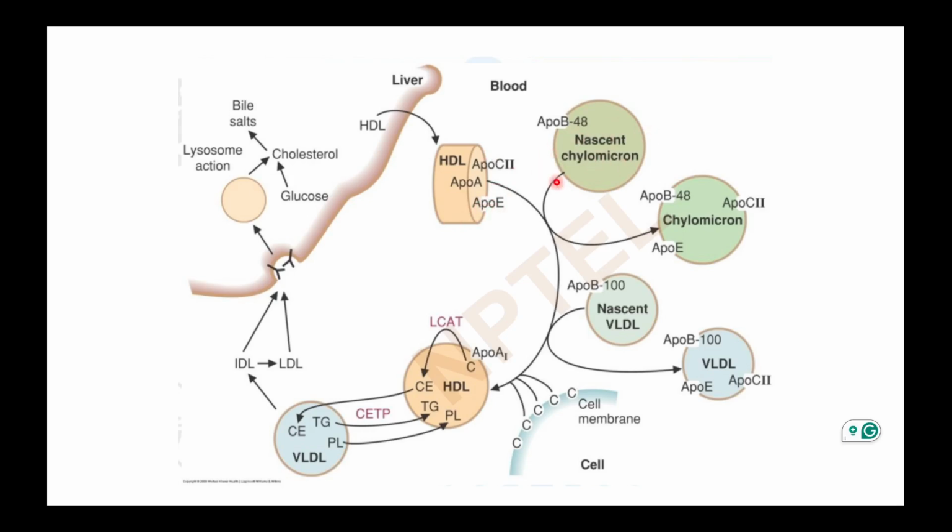We saw that for the maturation of chylomicron from nascent chylomicron, we need ApoE and ApoC2, which is given by this HDL. Also for VLDL, same. Chylomicron has ApoB48 as the integral apoprotein, and nascent VLDL has ApoB100 as the integral apoprotein. Other than that, its maturation is also dependent on ApoE and ApoC2, which come from HDL.